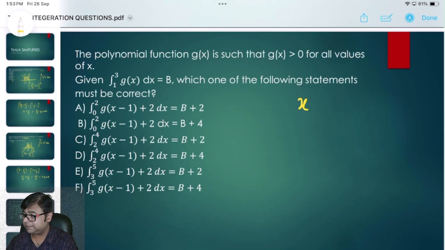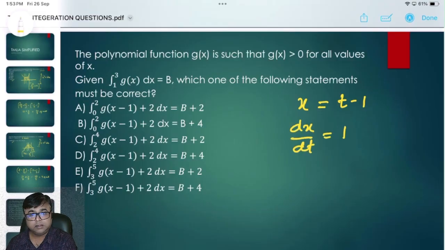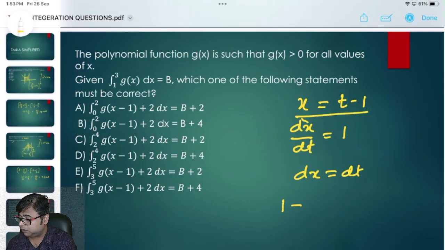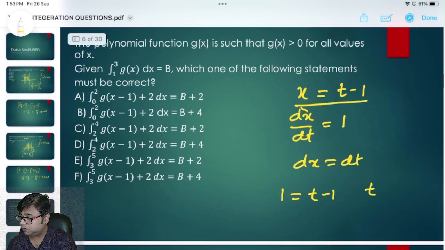If I put x as, say, t minus 1, so dx by dt, if I differentiate, will be 1, right? So dx is same as dt. But my lower limit was 1. So t minus 1 is 1, so t becomes 2.